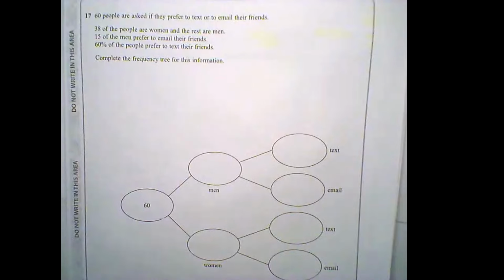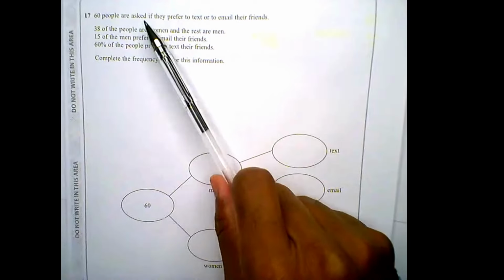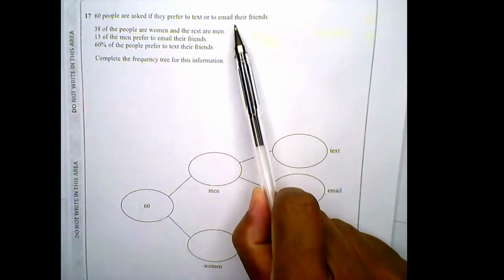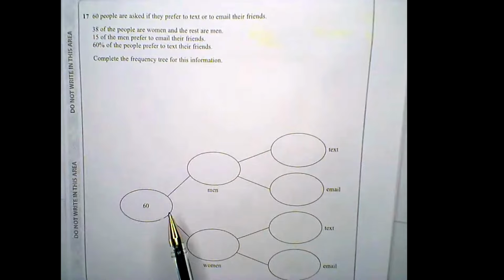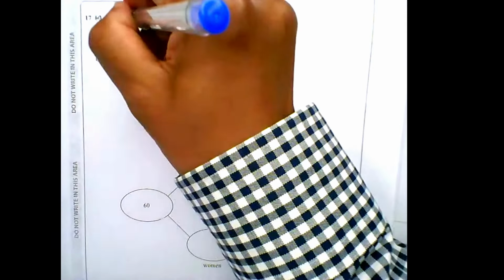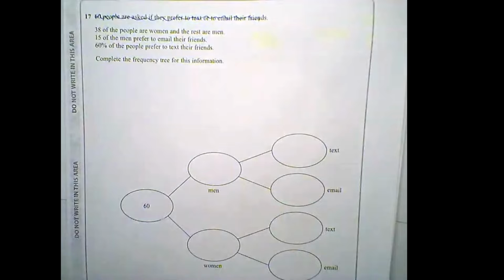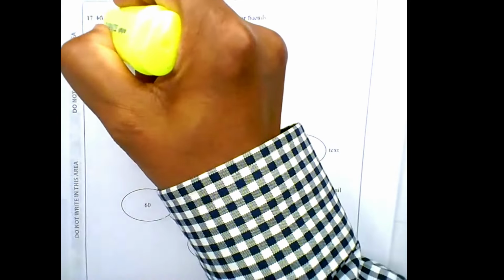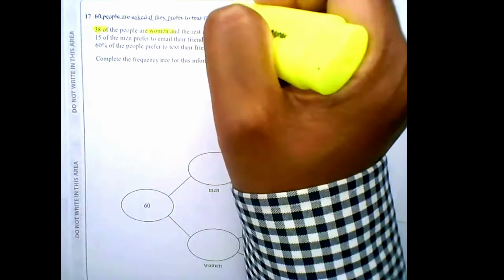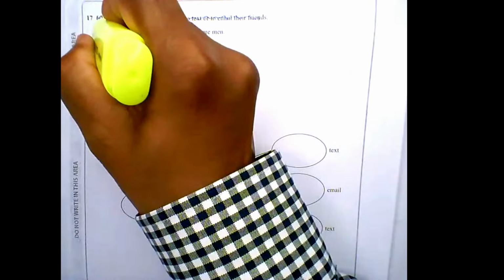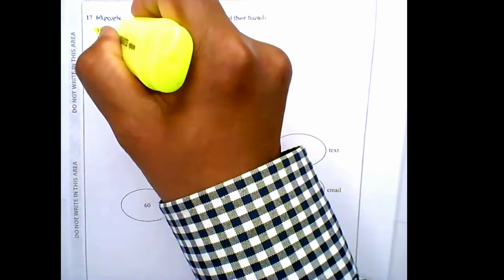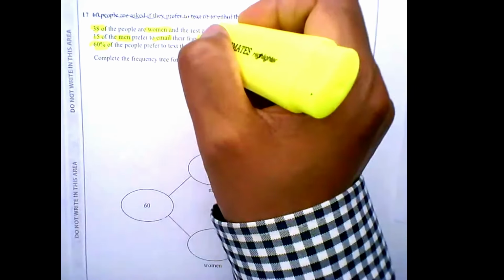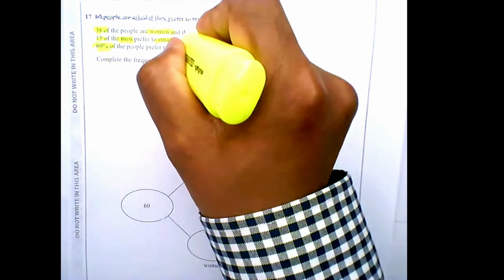Question 17. 60 people are asked if they prefer to text or to email their friends. And if we look at this, 60 is already here, so we don't really need this sentence here. 38 of the people are women and the rest are men. 15 of the men prefer to email their friends. 60% of the people prefer to text their friends.